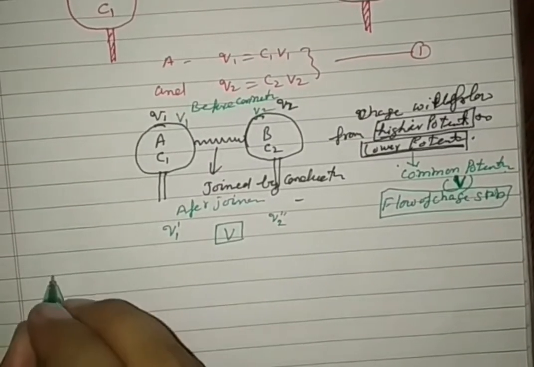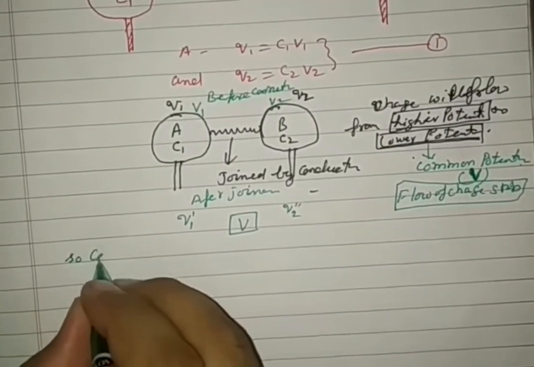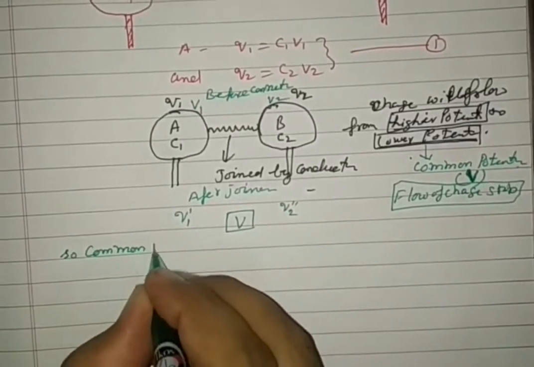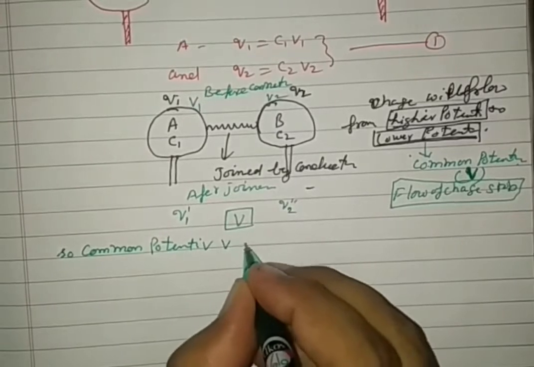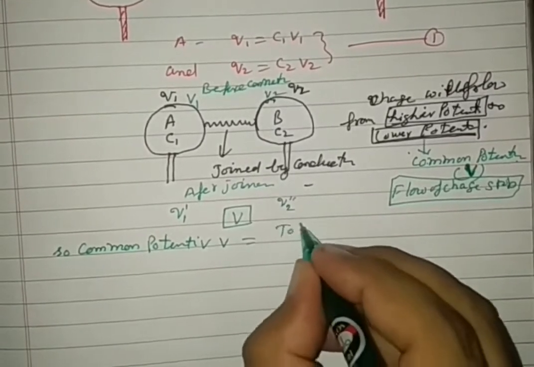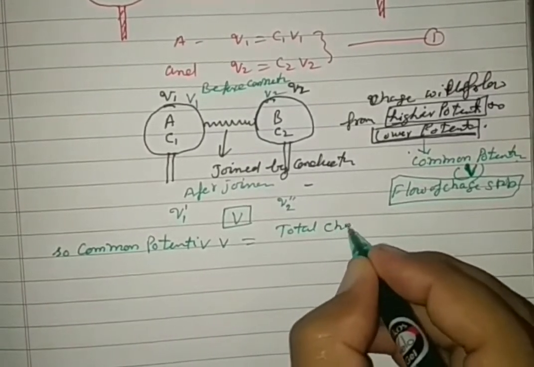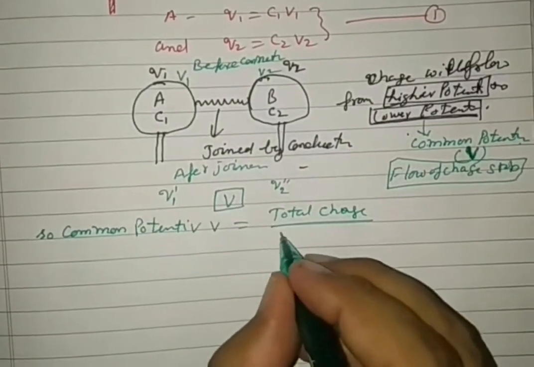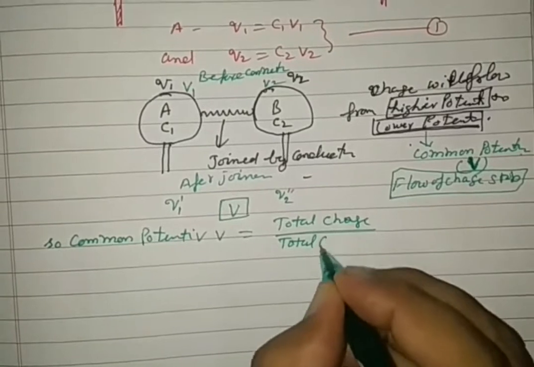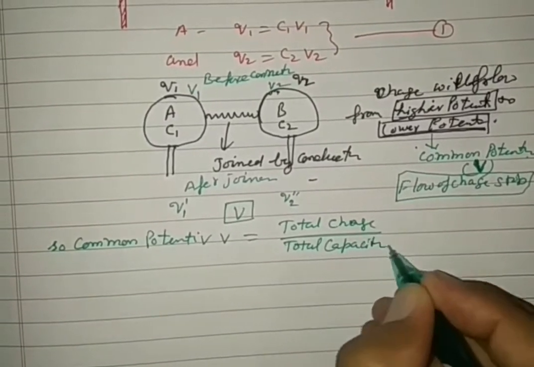So common potential V can be obtained by total charge by total capacitance.